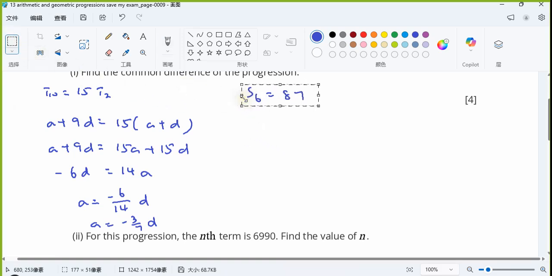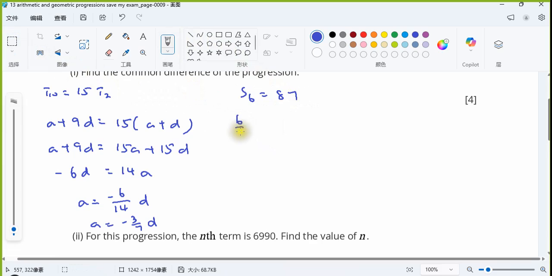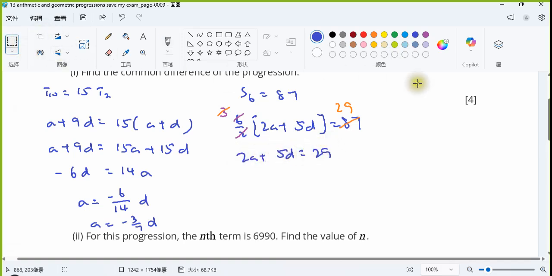S6 will be 6 over 2 times 2a plus 5d, equal to 87. Divide by 3, we get 29. So we have 2a plus 5d equal to 29. Next, we sub equation 1 into equation 2.